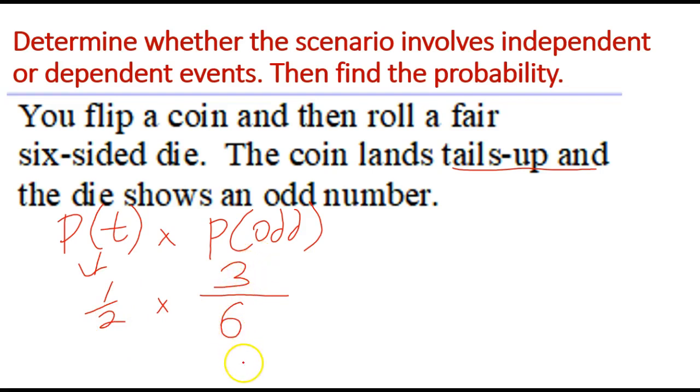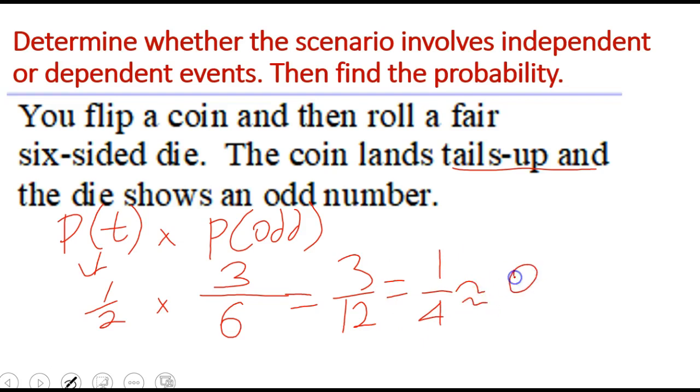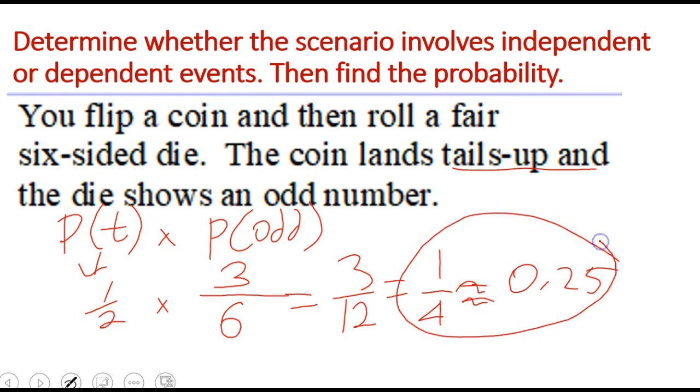It will never change. There's no relationship between flipping a coin and rolling the die. So you have 3 over 12, which simplifies to 1/4, approximately 0.25. So it is independent.